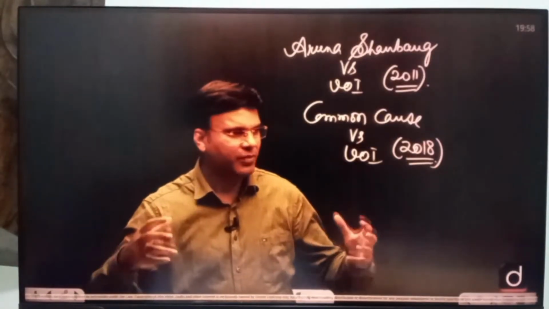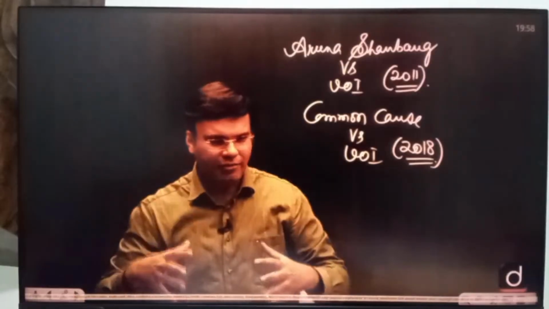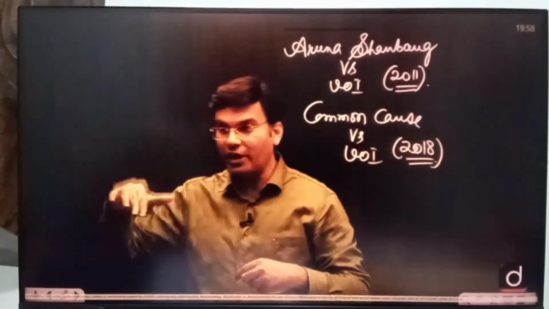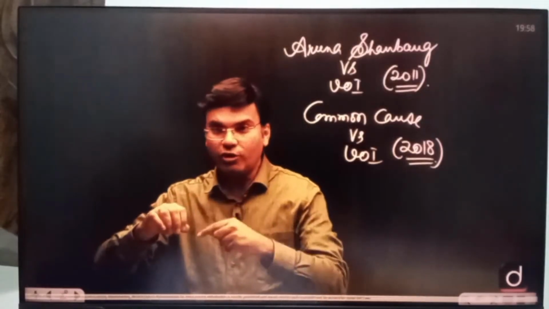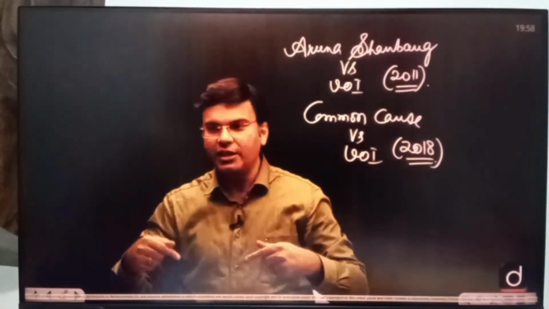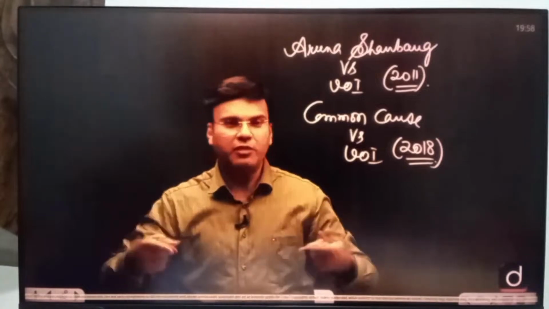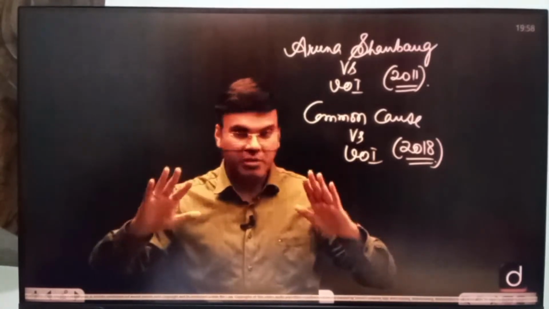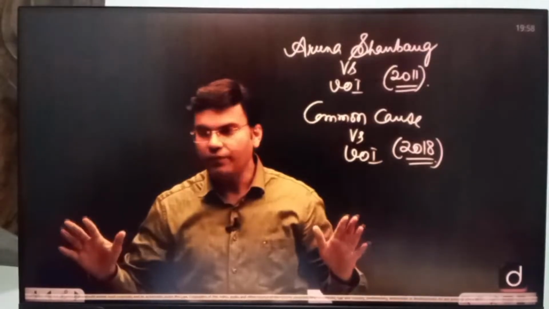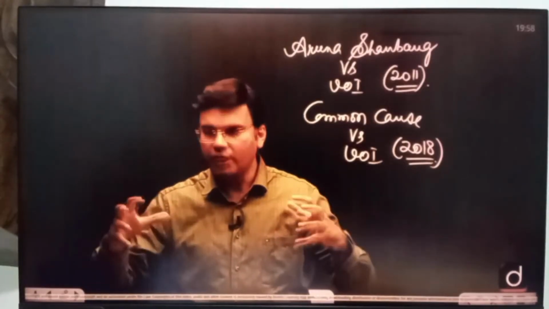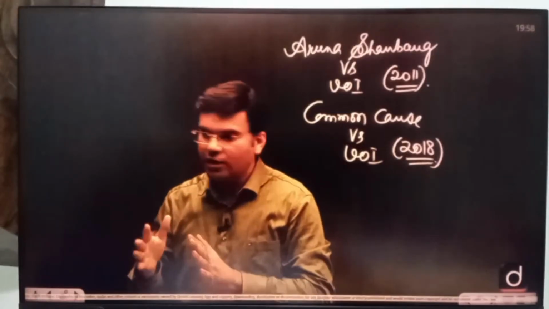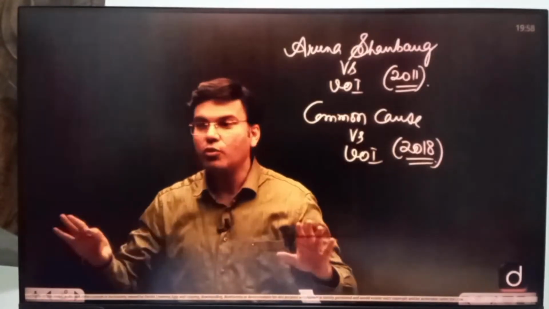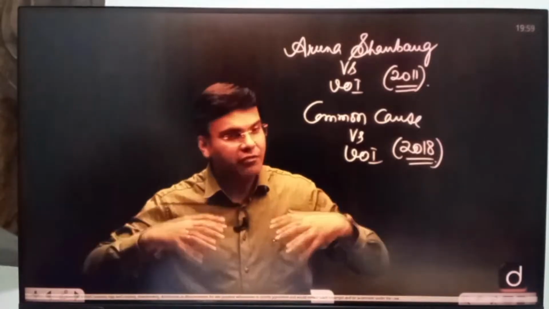Now, if such a stage does come to my life when I am not in a position to take the decision, I am writing this in the will, and this will, which the court recognized, will have legal validity, and that person could be given passive euthanasia where he may be denied the life support system. Or if they have tried with a life support system and the person says that he doesn't want to continue with such a living, then it can be removed so that the person's life is given dignity.